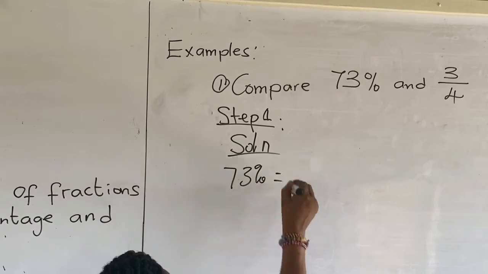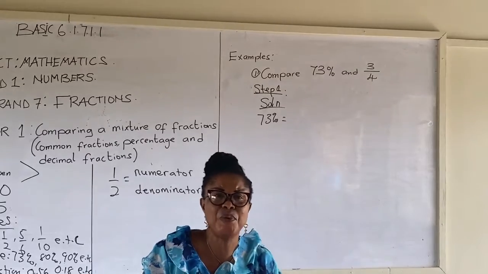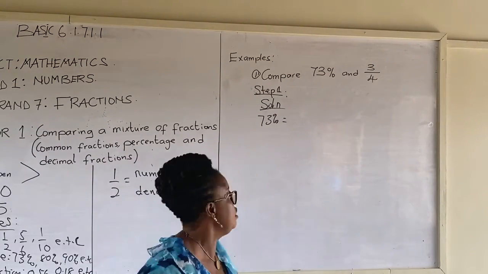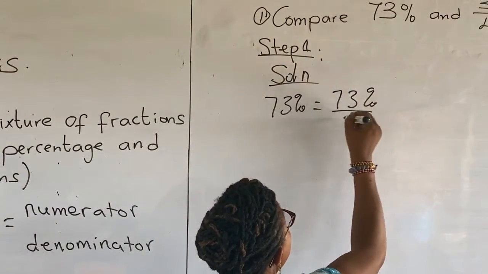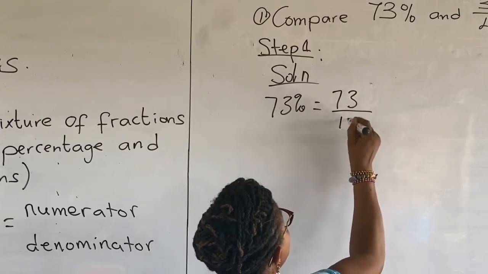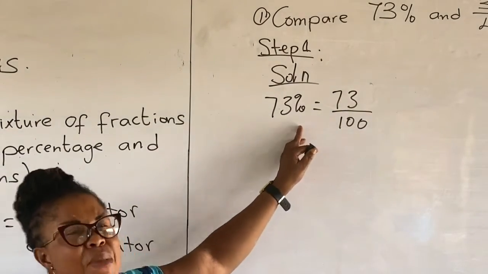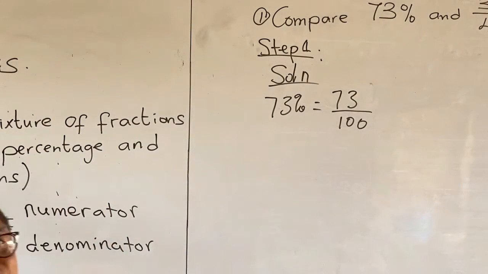We are going to change 73% to a common fraction, and we know that percentage is always over 100. So 73% is the same as 73 over 100 when we change it to a common fraction.